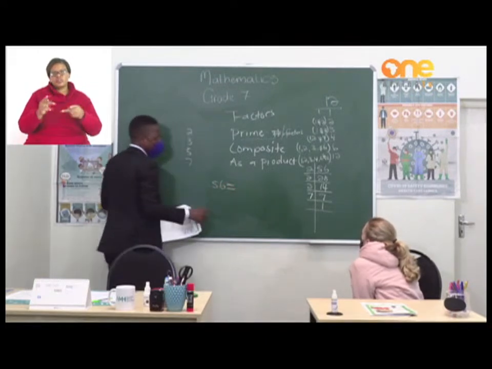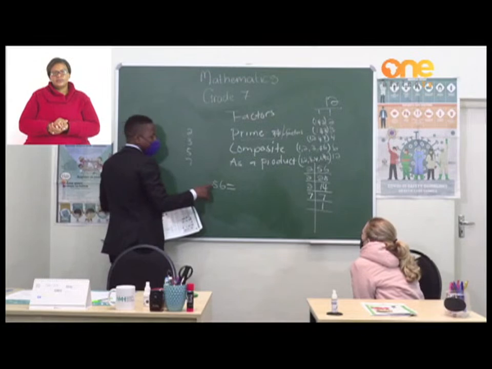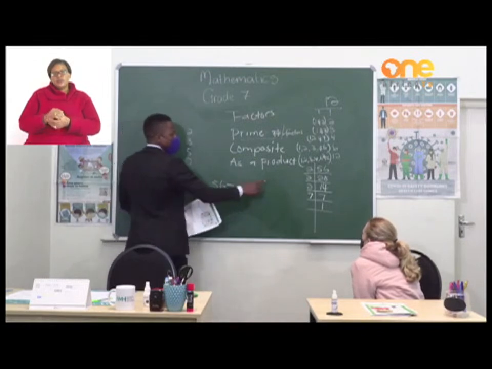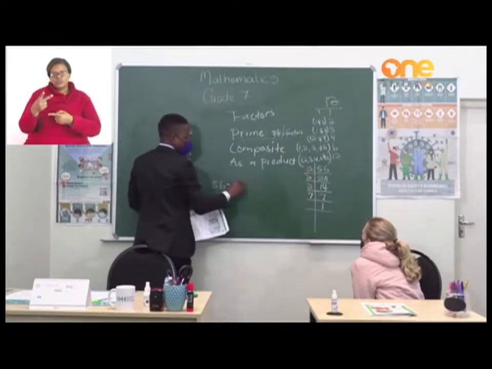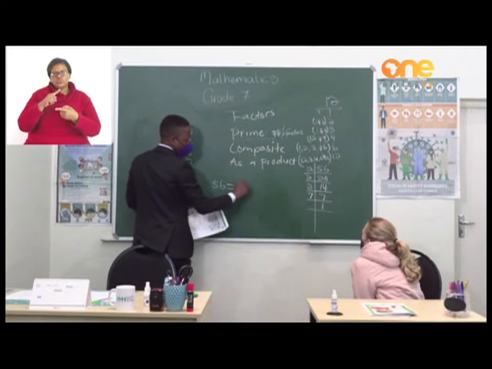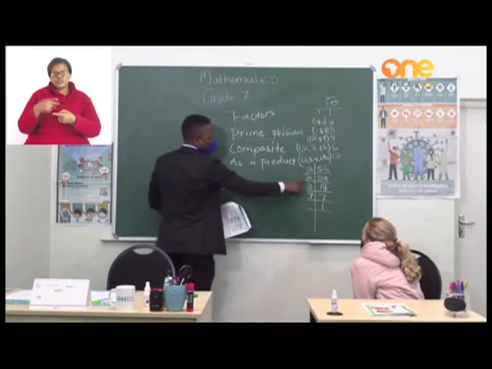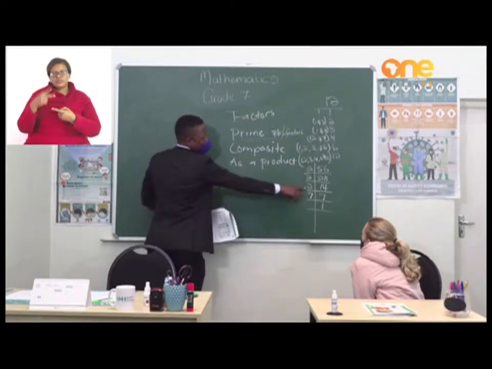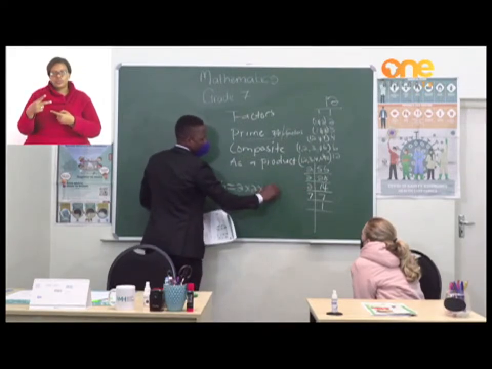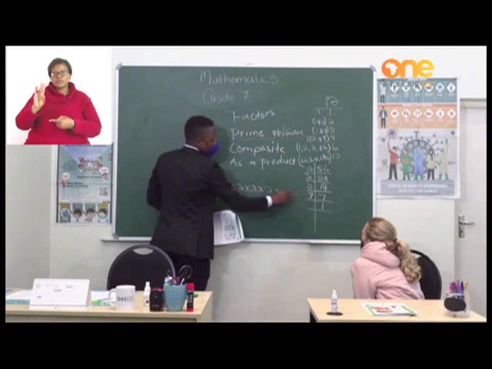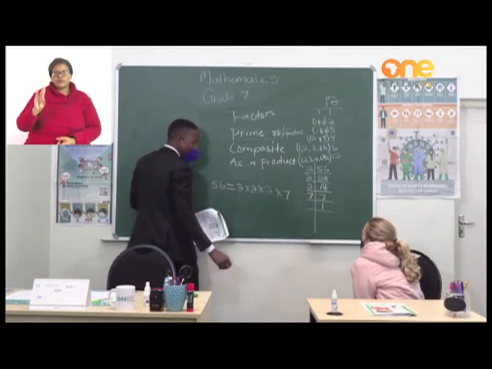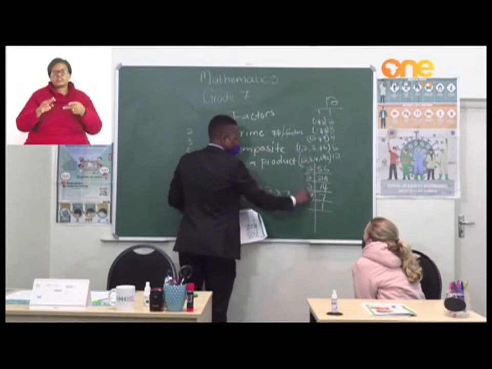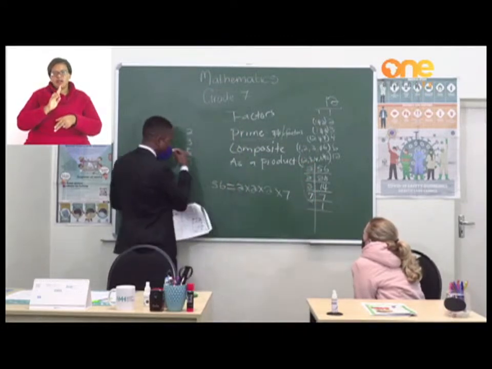In that manner, you write 56 equals, you take the first 2 times the second one, 2 times the third one, 2 times 7. I've used what is on that side.